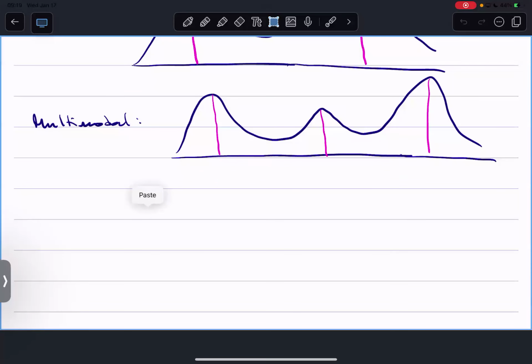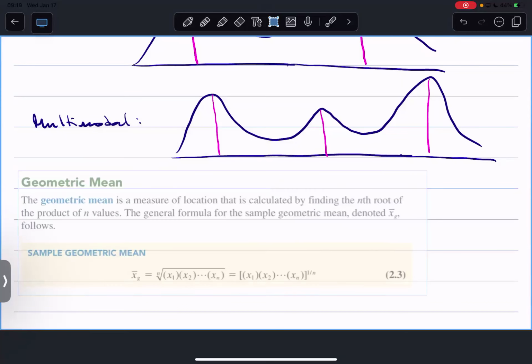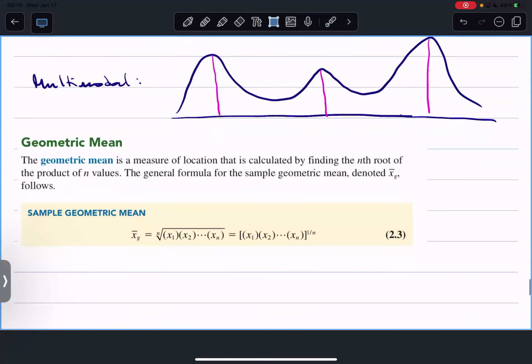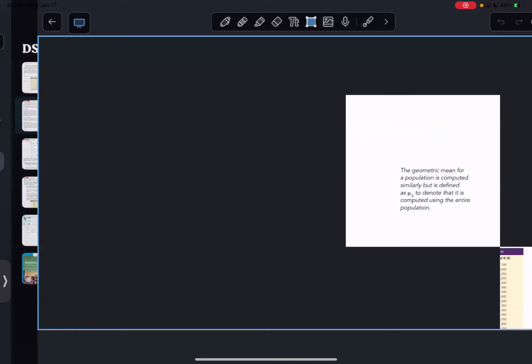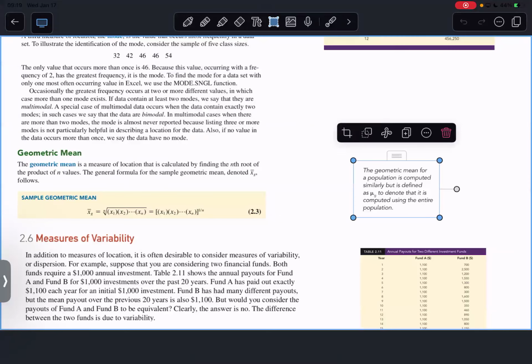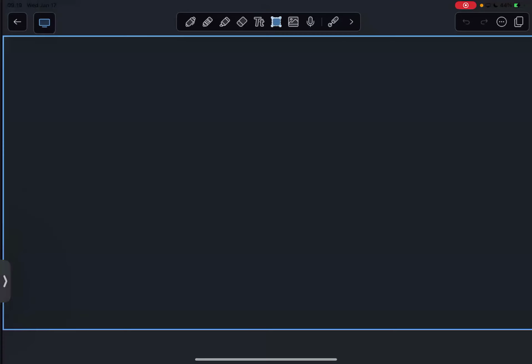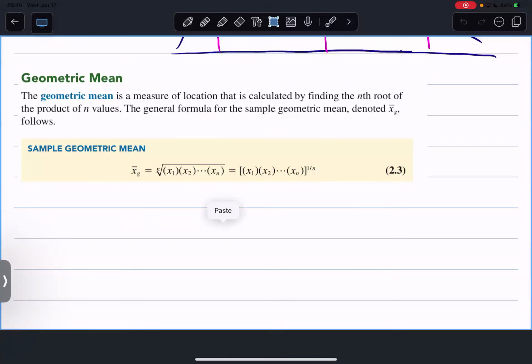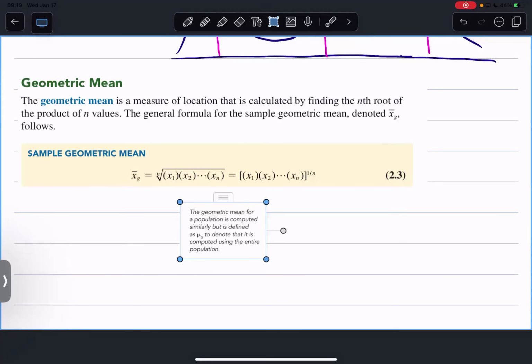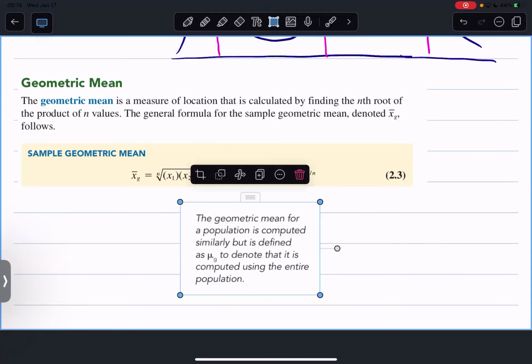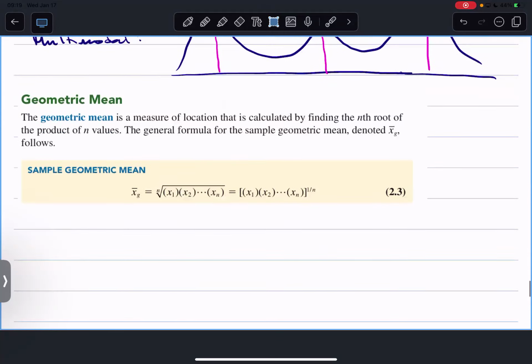All of these you can calculate in Excel and you can just give it a data set and it'll just do it. But the geometric mean is kind of rare to use. Actually don't want that one.